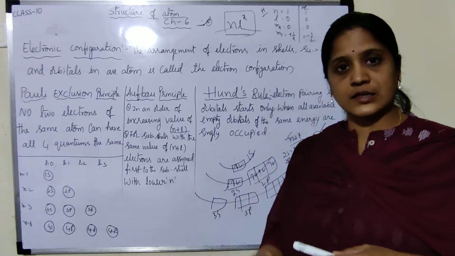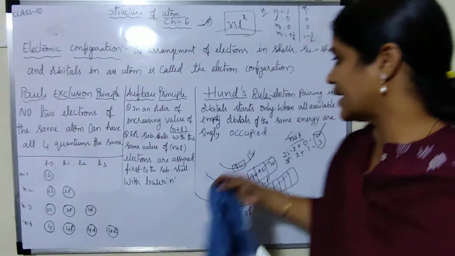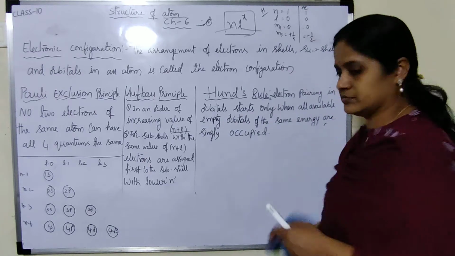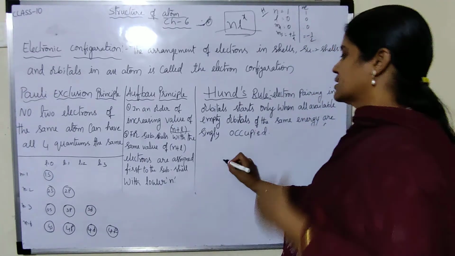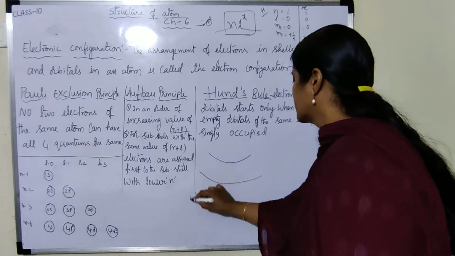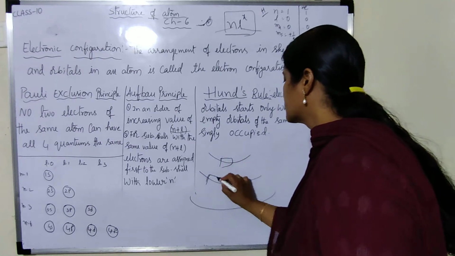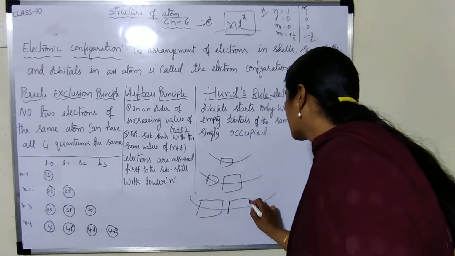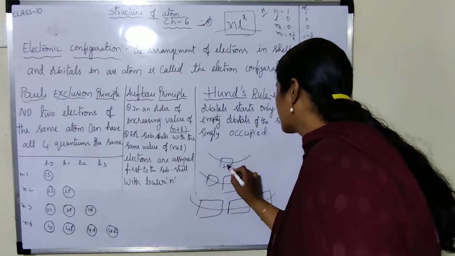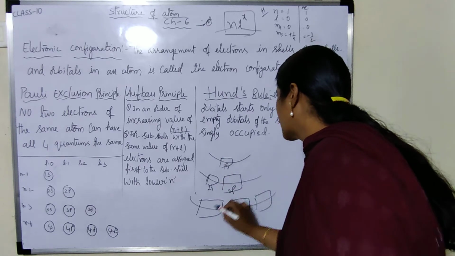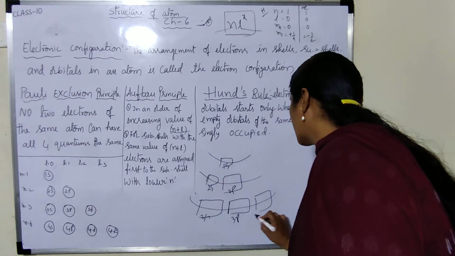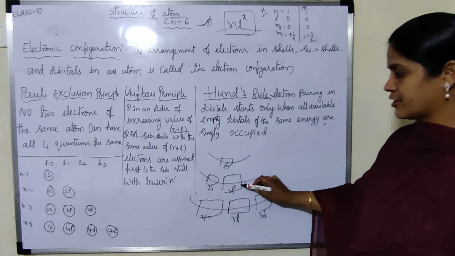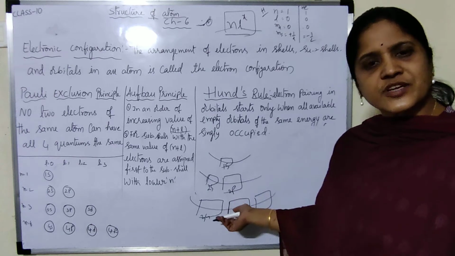Sometimes while you are filling the electrons by using n plus l, we'll get the same number. For example, this is 1s, 2s, 2p, 3s, 3p and 3d. 1s, then 2s, then 2p. 2p or 3s, which one?